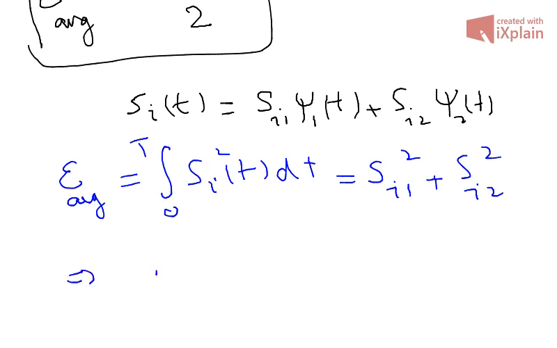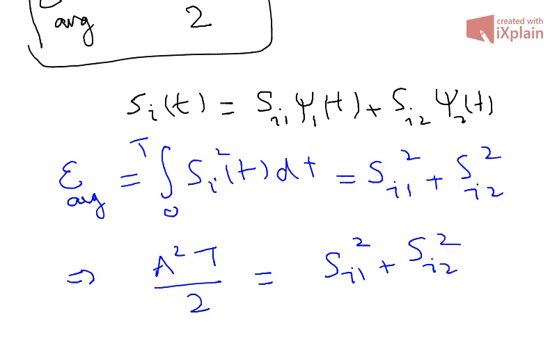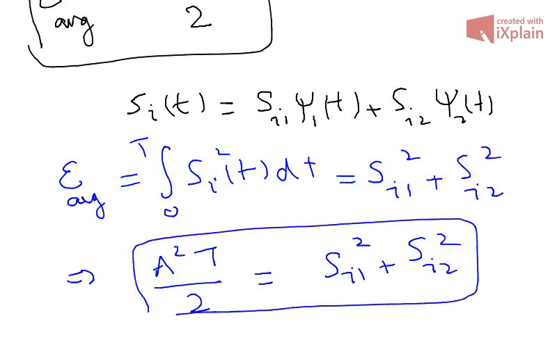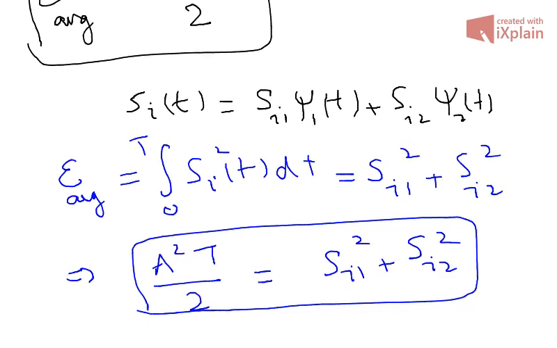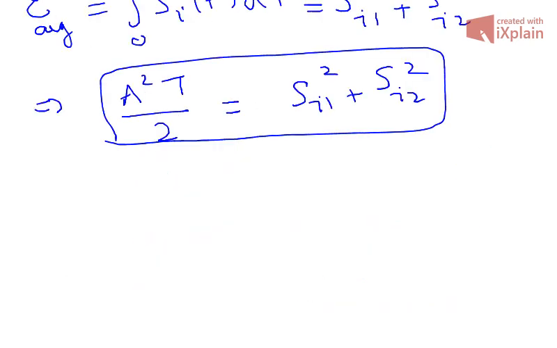It means that your A square T over 2 is actually equal to psi1 square plus psi2 square. Right? So this is the energy of your signal. Average energy is equal to this.